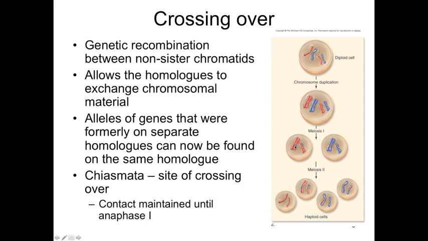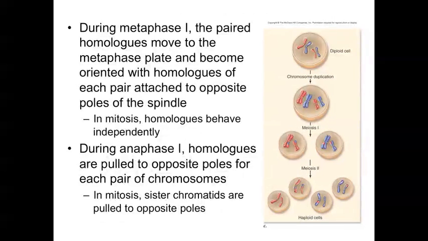So in this case, sister chromatids, the ones that are attached at the centromere, are no longer identical. Chiasmata is the actual site of crossing over. The contact between the chromosomes, as we'll see, is maintained until after metaphase, when we see the homologous chromosomes separate from each other. We'll see this in more detail coming up shortly.